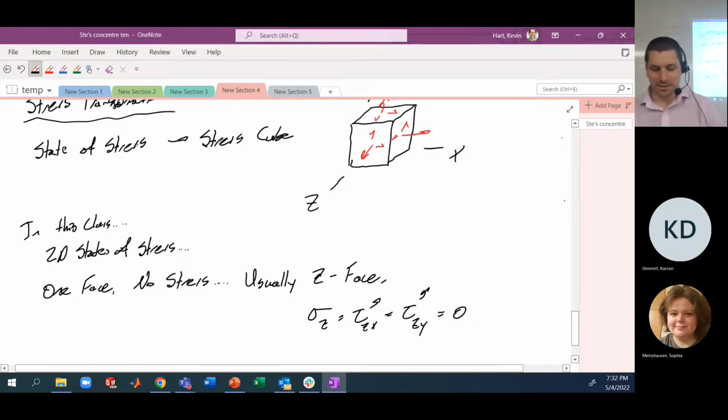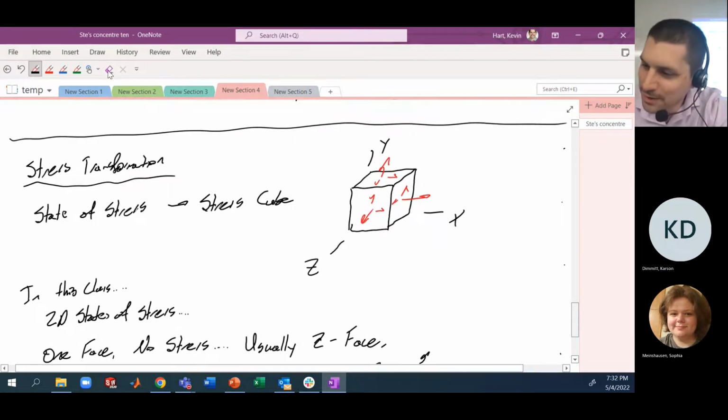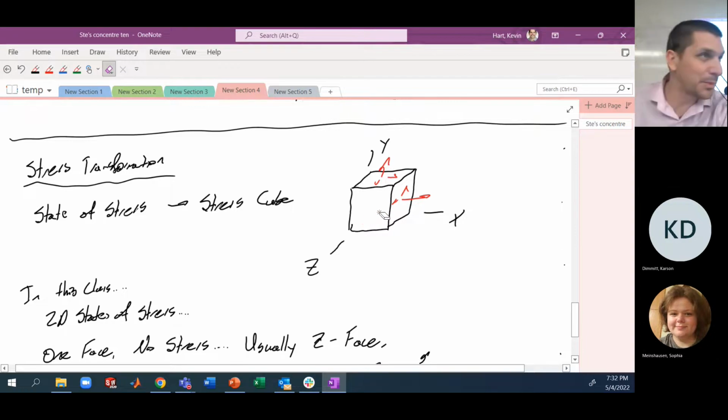So what that leaves us with is one face of this cube that has no stress. And if we think about what that means for this stress cube here, all the stresses that were on the Z face, goodbye.